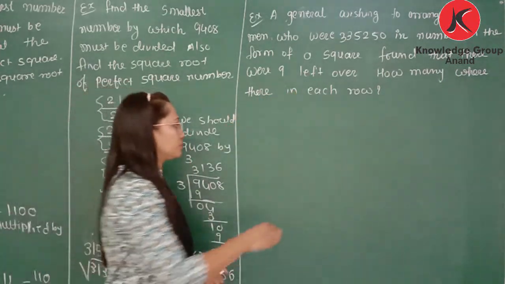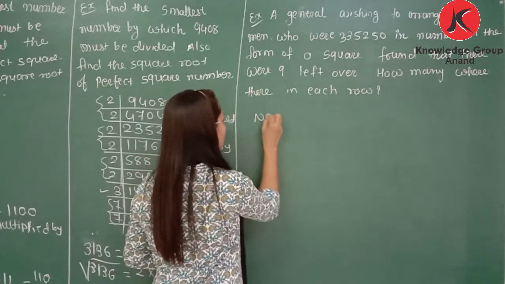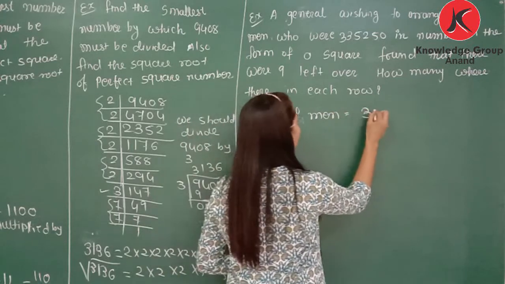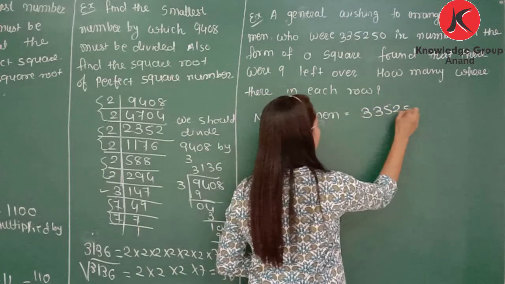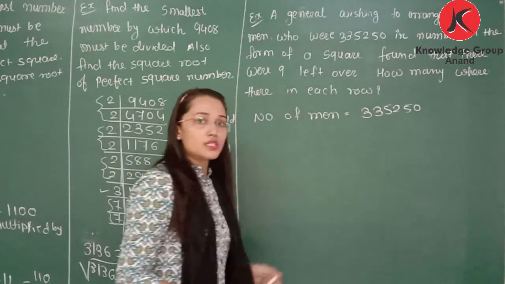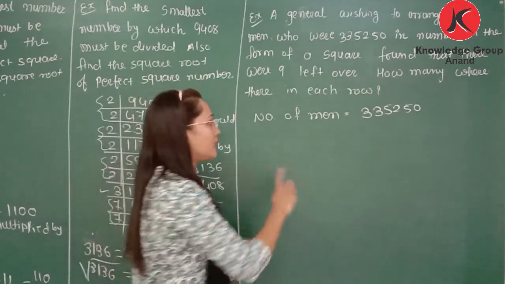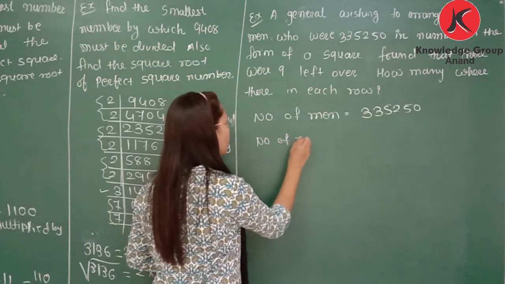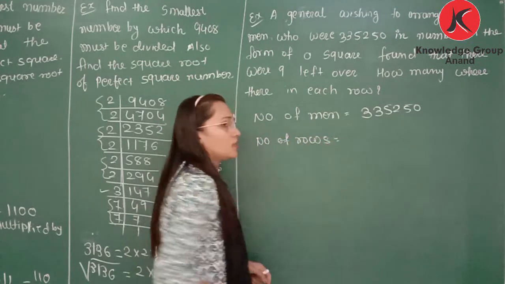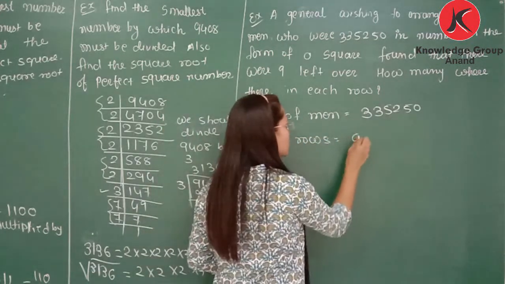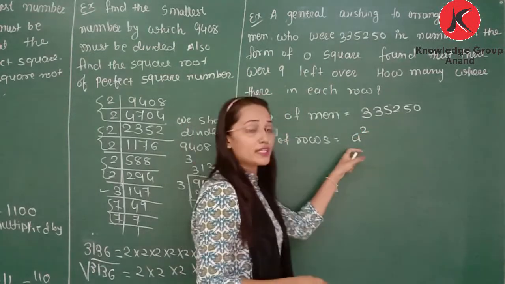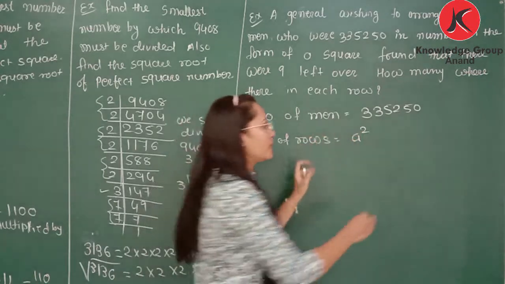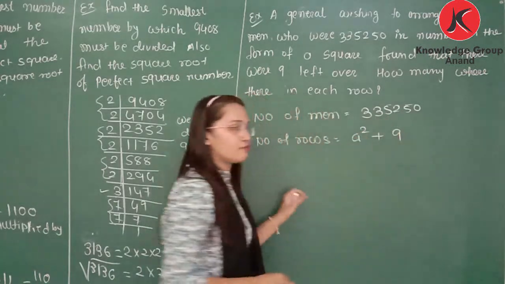It means the number of men will be 3,35,250. Still 9 men are left over, and we want to arrange, that means the number of rows, in a square. Let's say A square is the number of men that are arranged in a square, and 9 are still left over.